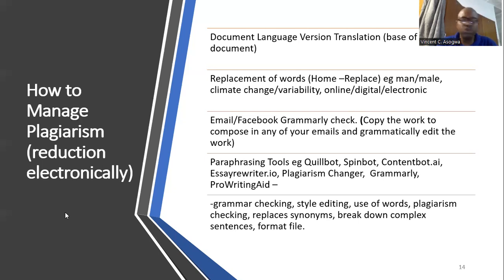In this case, it reduces a lot of plagiarism. So sometimes what the paraphrasing tools do for you is to break down those complex sentences and rephrase them so that they will be unique. The next one is that some of them look at the formatting. They reformat it in a way that it will be unique on the internet. In this case, it will be free of plagiarism.